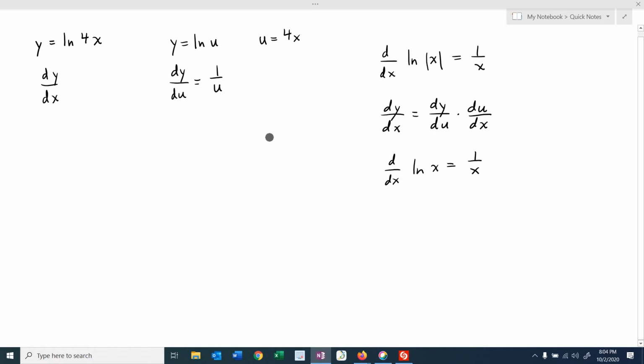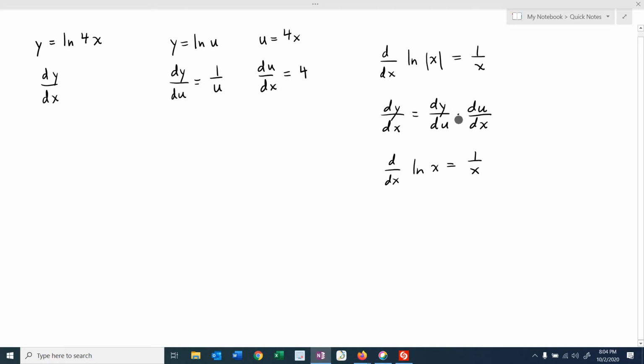Now, we have a different letter here. We have ln of u. We're taking the derivative of that with respect to u. And so we do get 1 over u. Okay, now du dx, the derivative of this with respect to x obviously is 4.